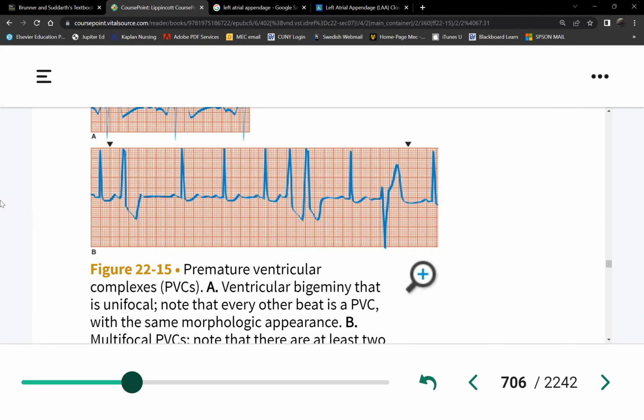Occurred earlier. Causes again, what's causing it? Caffeine. This is also common after a heart attack. Let's say you have an MI. Doesn't matter whether it's STEMI or non-STEMI, you will have PVCs. This is caused by irritability of the ventricles, meaning something's causing the ventricles to be overactive.